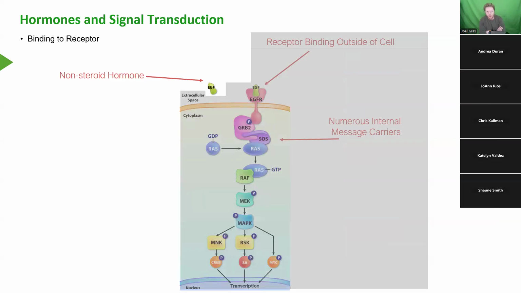When it comes to cell signaling and hormones, hormones are great examples of molecules involved in cell signaling and signal transduction, which is just an awesomely complicated word that basically means sending the signal on, or relaying.